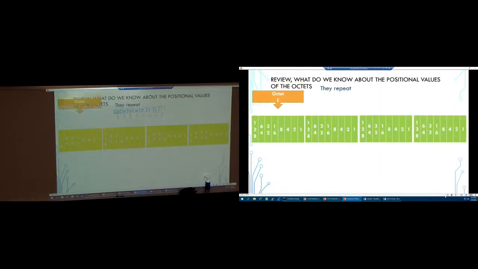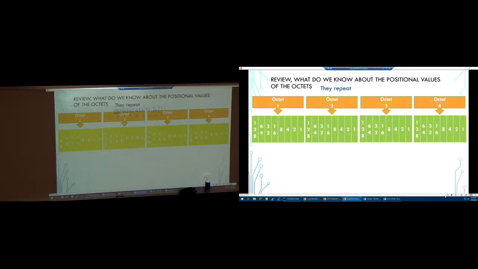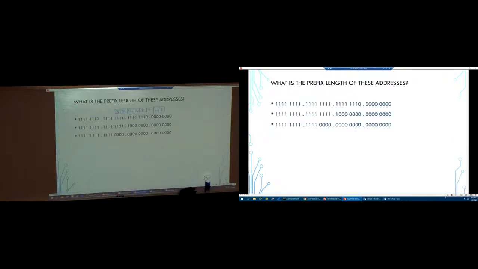So we've already talked about our positional values, that they repeat. Okay, so what's the prefix length of that top one? What's the prefix length? Say it louder. 23. A 23, right? Because we counted up the ones. Okay, how about the second one? 17. How about the third one? 12.